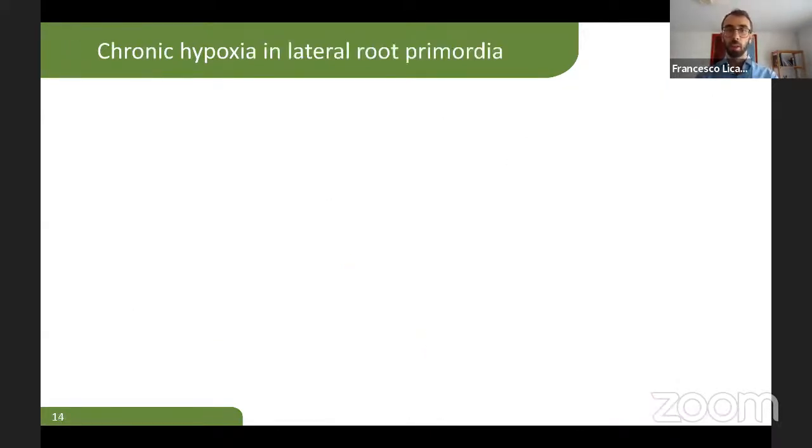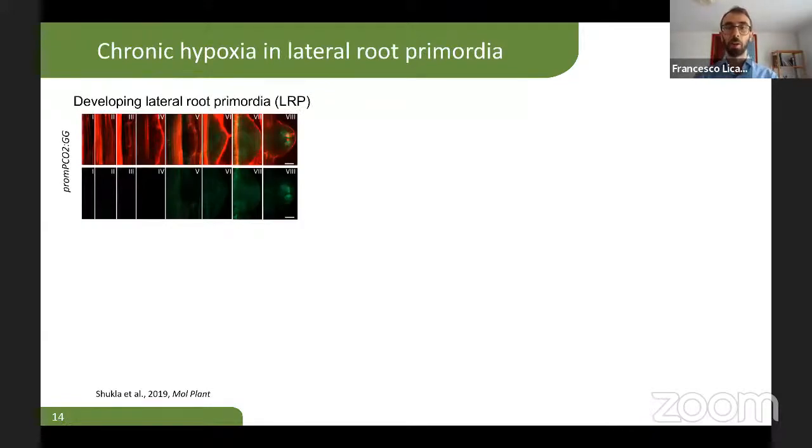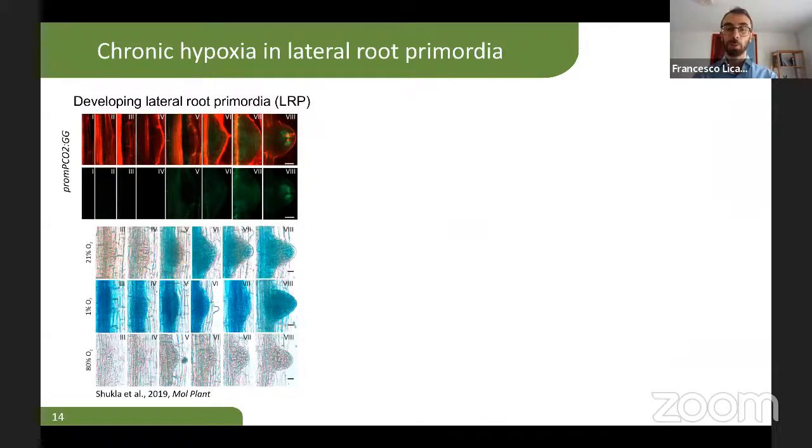So when we looked at lateral root primordia, we could verify that this hypoxia is established quite late in the development of the primordium. We believe this is associated with cell proliferation, and this can be prevented when we expose primordia to hyperoxic conditions.